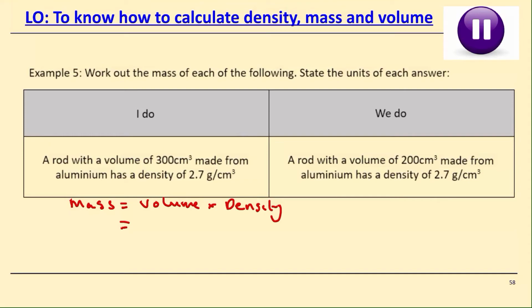The volume in this question is in fact 300 centimeters cubed. And the density is in fact 2.7. When we multiply them together, what we end up getting is 810 grams. And that is our answer.